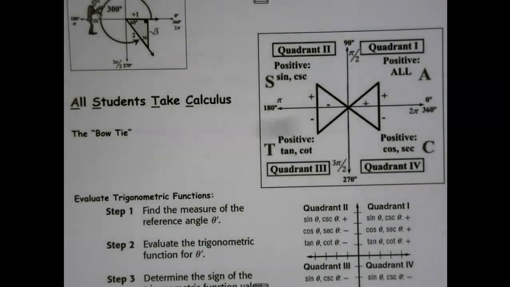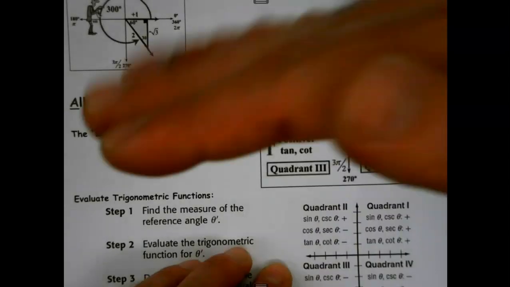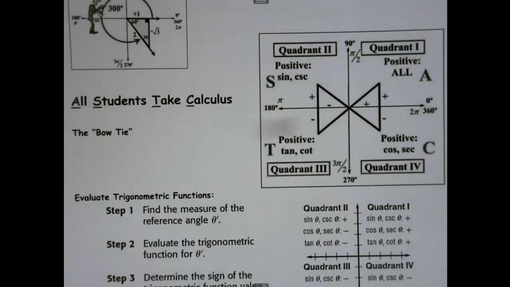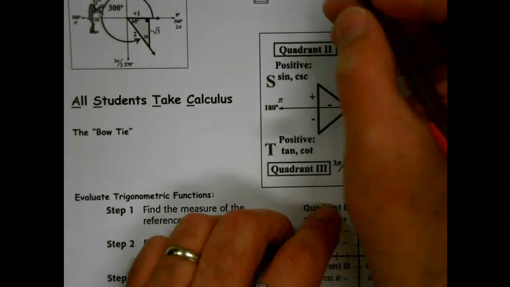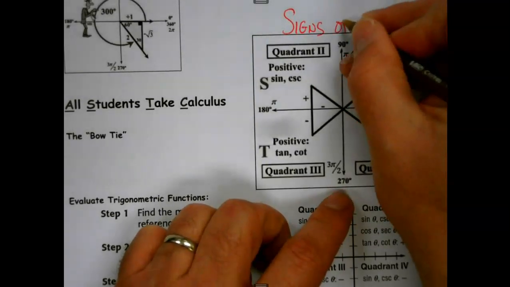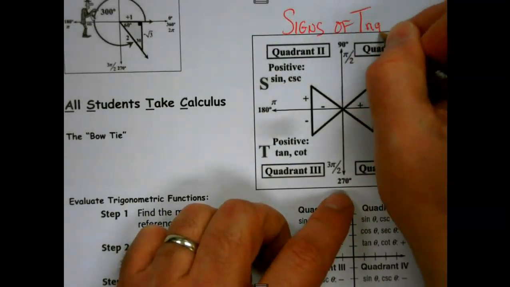You're like, what is that? What does that mean? Okay, any graph is broken up into 4 quadrants. 1, 2, 3, 4, like a big C shape. Within those quadrants tell you the signs of all your trig functions, okay? This is strictly for the signs of my trig functions. That's all I need this for.